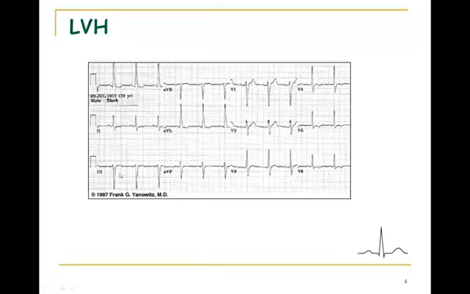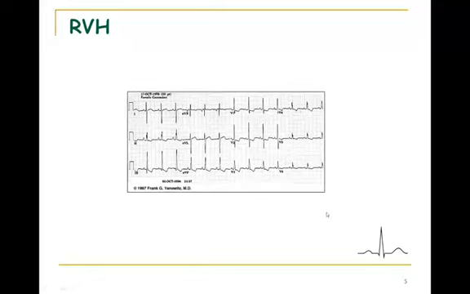Unfortunately, it would probably be very difficult for you to count the boxes, but these QRS complexes are also prolonged. So we see a prolonged QRS complex, higher voltage, and a left axis deviation. Now I don't want you to concentrate on the chest leads. It's a little bit more difficult, but the chest leads also back it up.